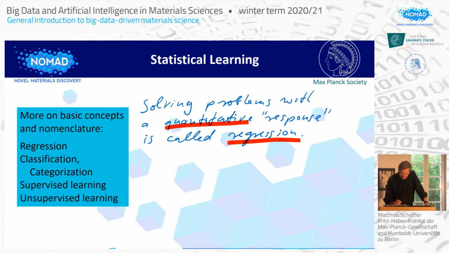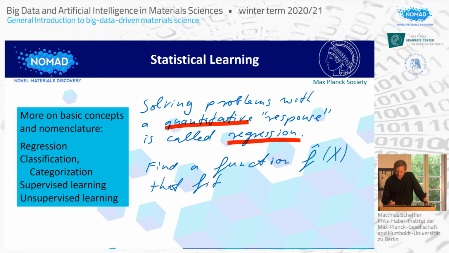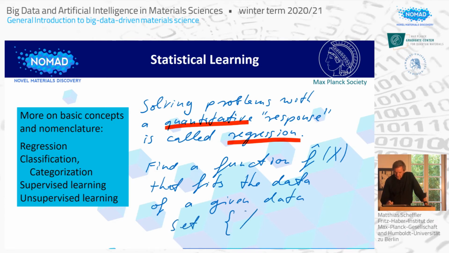In principle, that means that we find a function f hat of x that fits the data of a given data set, which has two components: the input, the feature, the descriptor x, and the output, the response y.